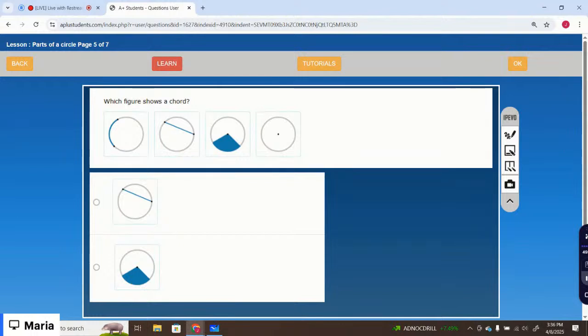Which figure shows the chord? Option number 1 is the correct option.